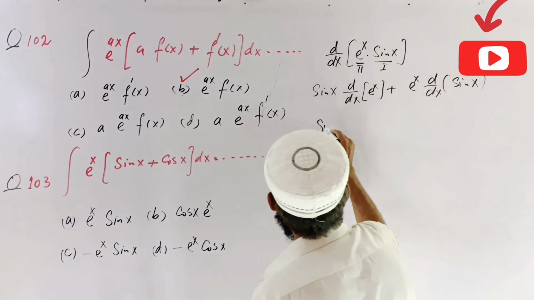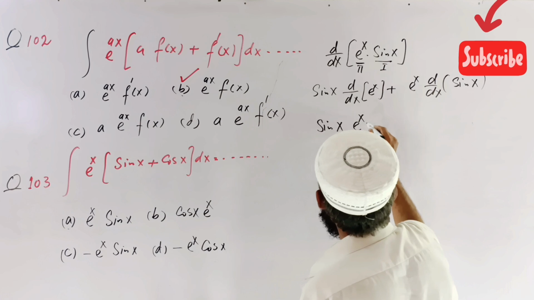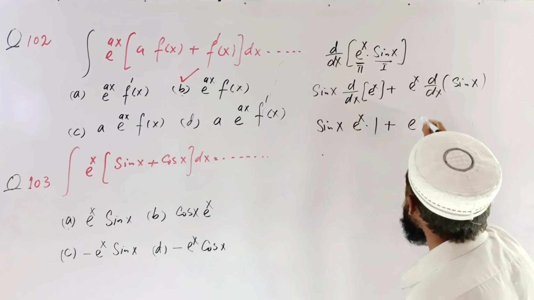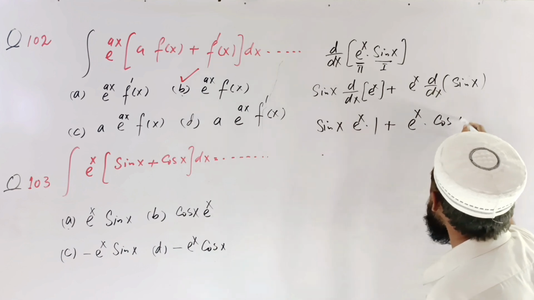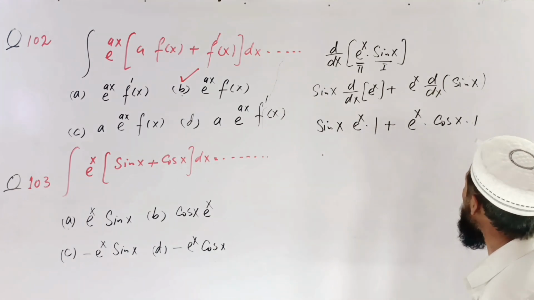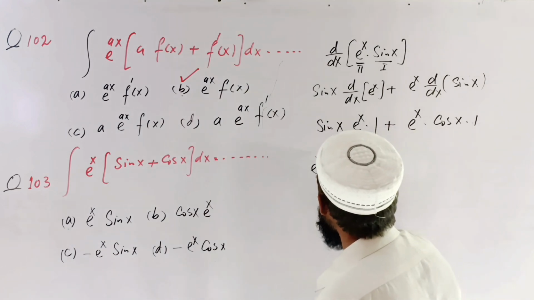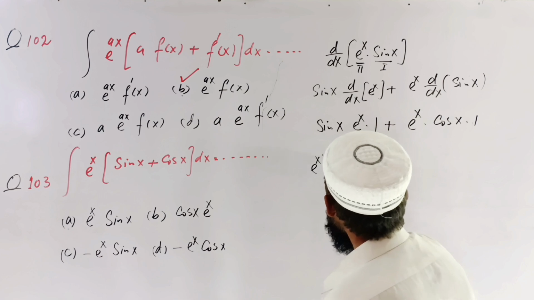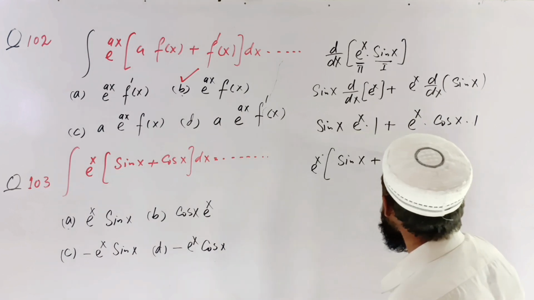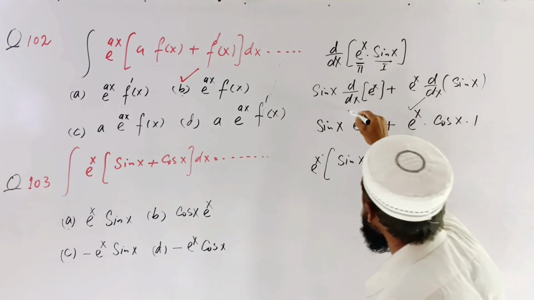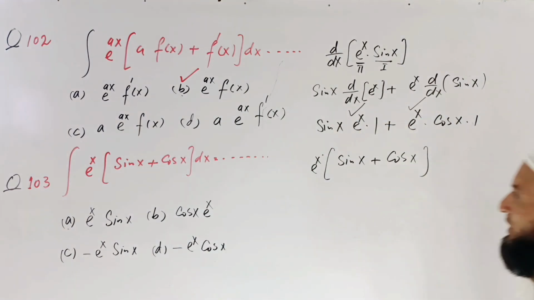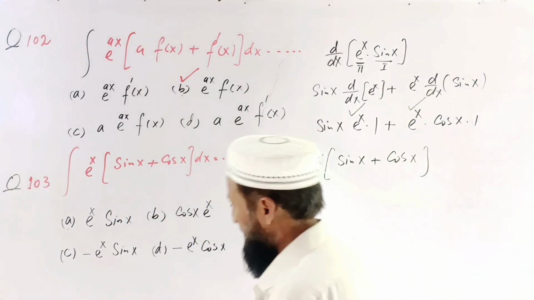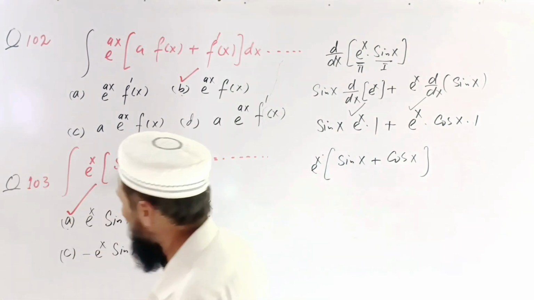So we get sin x and the derivative of e power x, e power x, plus e power x and the derivative of sin x, which is cos x, and the derivative of x is equal to 1. If we take e power x common, we get sin x plus cos x. Now we check the result e power x into sin x plus cos x. So option A is the correct option.